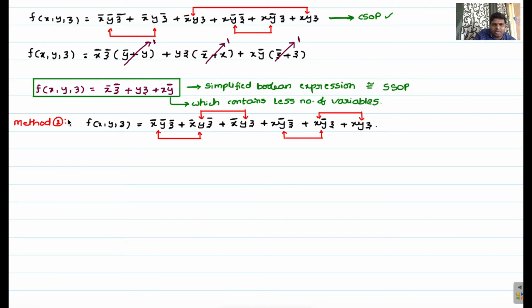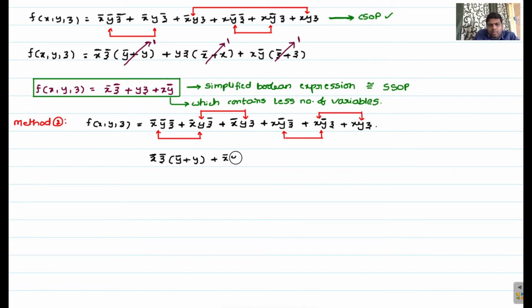And next, method 2. For the same Boolean expression we can solve it by a different method also. That is f(x, y, z) = x bar y bar z bar + x bar y z bar + x bar y z + x y bar z bar + x y bar z + x y z. First you can take the common factor x bar z bar from these two product terms, so you will get x bar z bar (y bar + y).